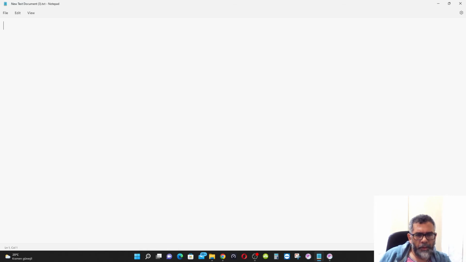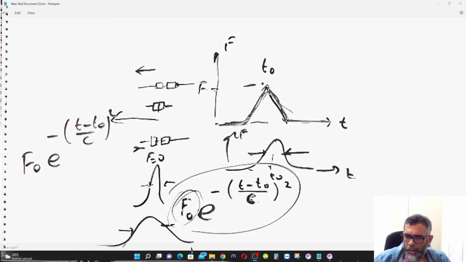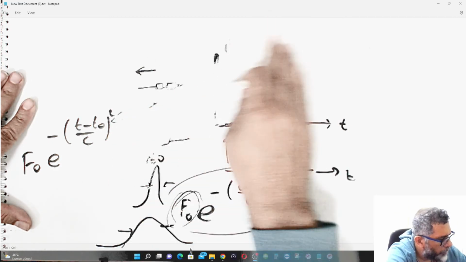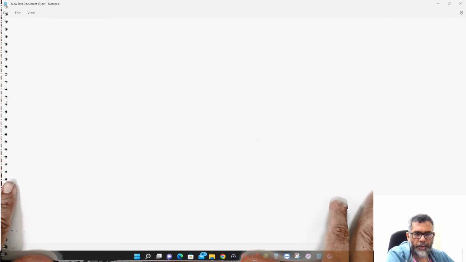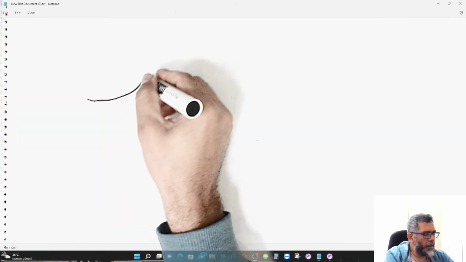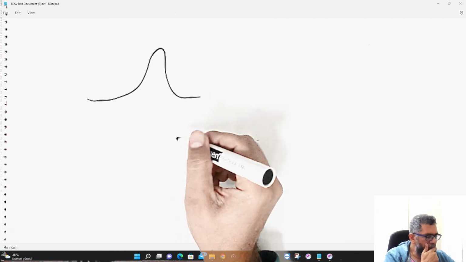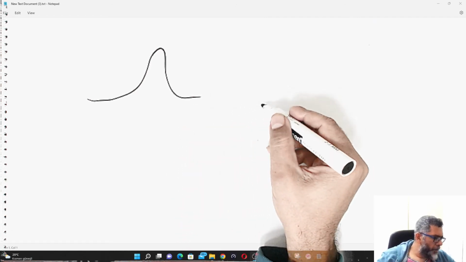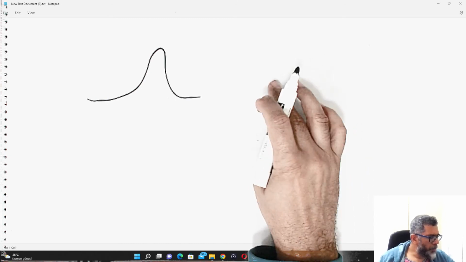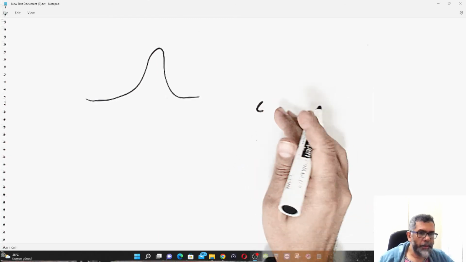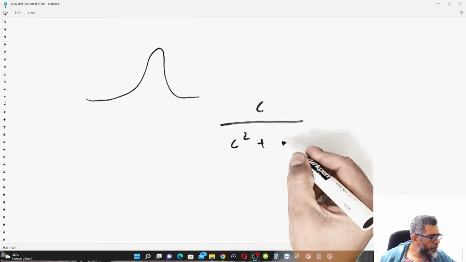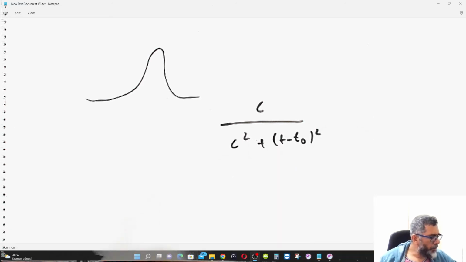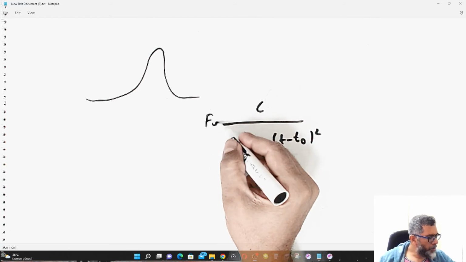But there is also another kind of function. Let me show it on the board. Let's erase this. Okay, I told you that there is another kind of analytical function that produces this kind of bell-shaped curve for the force, and it's going to be like some parameter c divided by c squared plus (t minus t0) squared, and some constant over here.